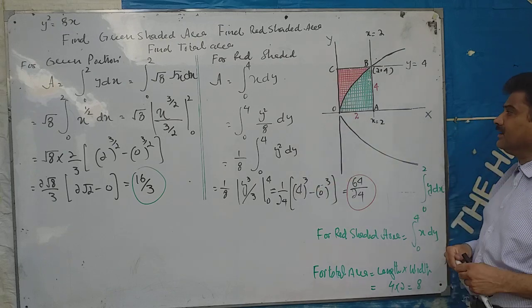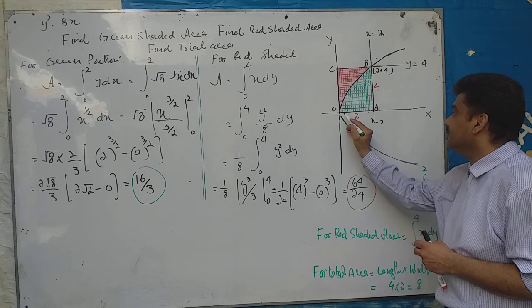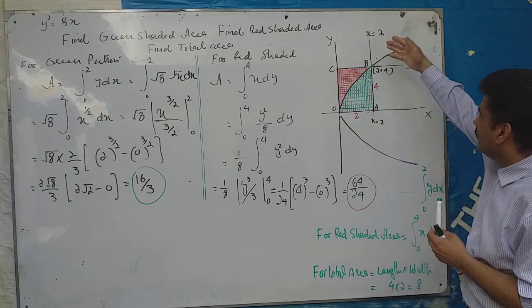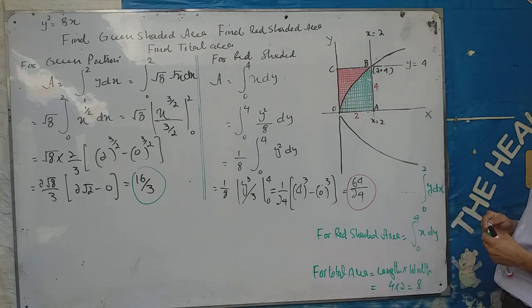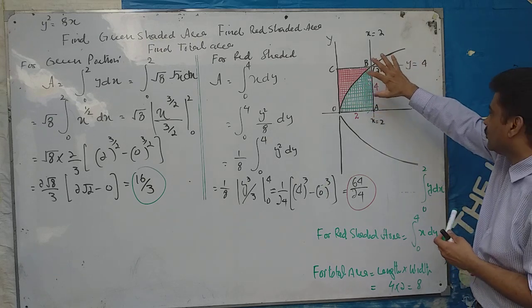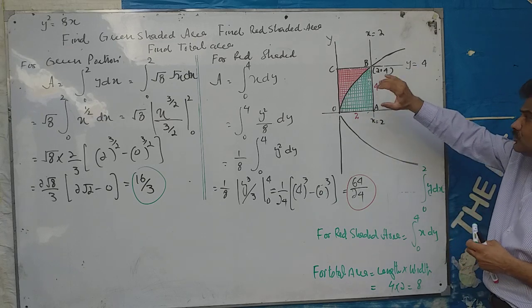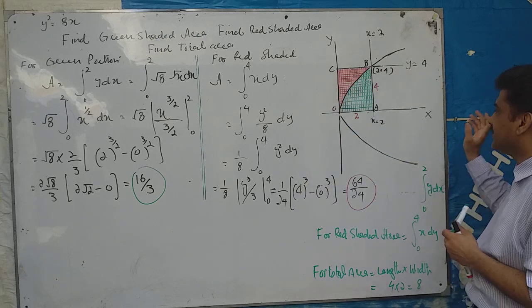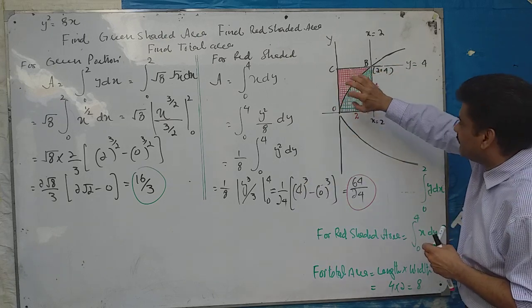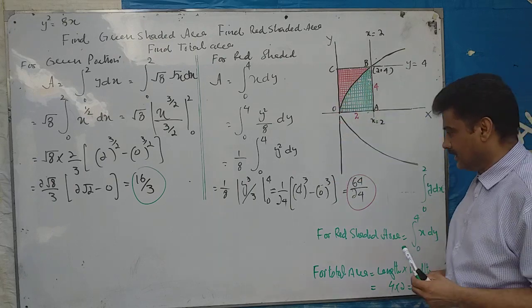The width of the rectangle is 2 and the length or height of the rectangle is 4, and the area of the rectangle is length multiplied by width, 2 multiplied by 4, which is equal to 8 square centimeter.